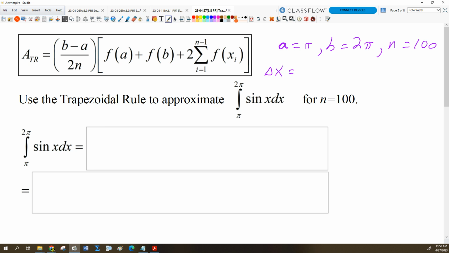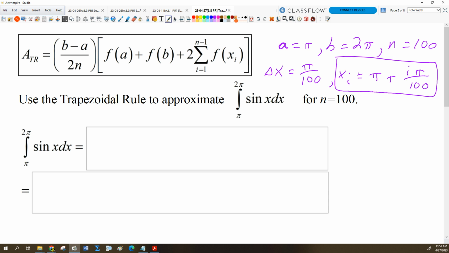So delta x is going to be pi over 100, right? 2 pi minus pi over 100. And x sub I in this case is going to be pi plus I delta x, I pi over 100, right?